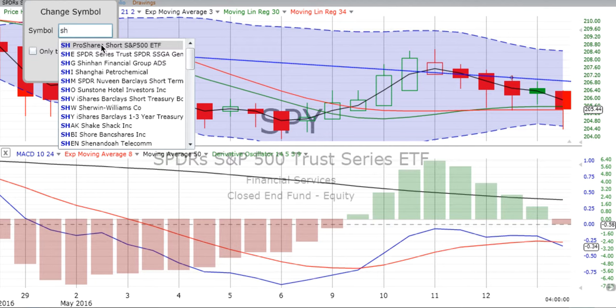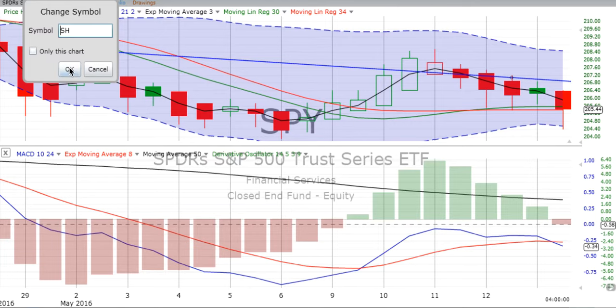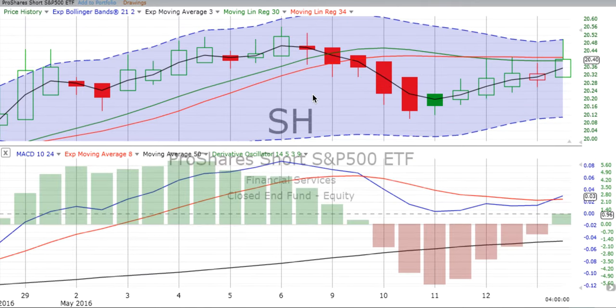That is the ProShares Short S&P 500 exchange traded fund. What does it do when you see the S&P 500 going down? It is a short. It is an inverse fund. It goes up as the S&P 500 goes down. Isn't that a little sophisticated twist on how to make money when the market's going down? So remember that. Pay attention to it.